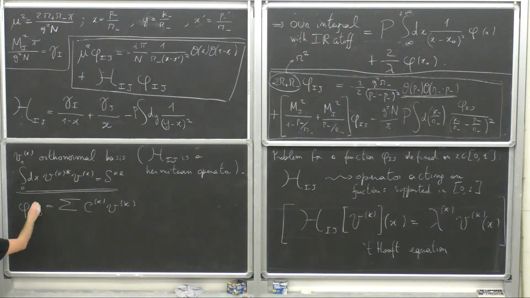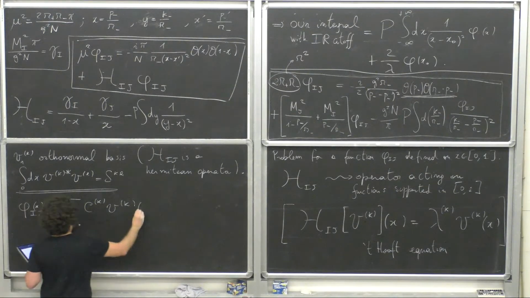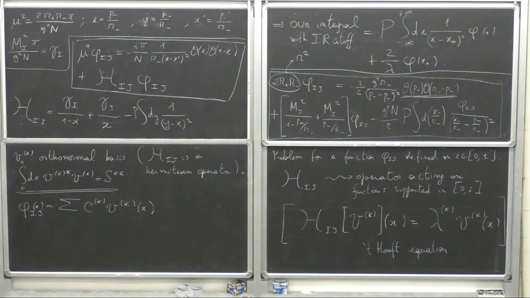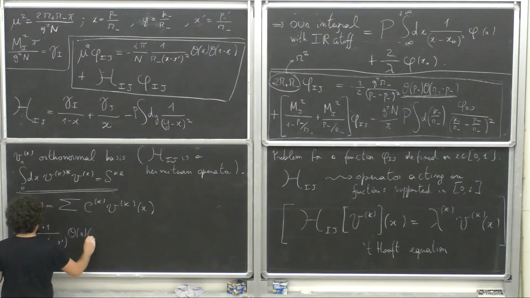So this is my phi of x. And I can also take the inhomogeneous piece of the equation and expand that in the basis too. Why not?